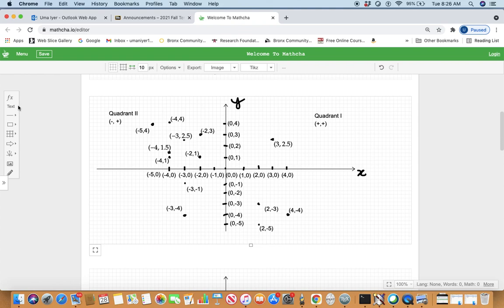Quadrant 3 is here. What happened here? Both are negative. And quadrant 4 is here.